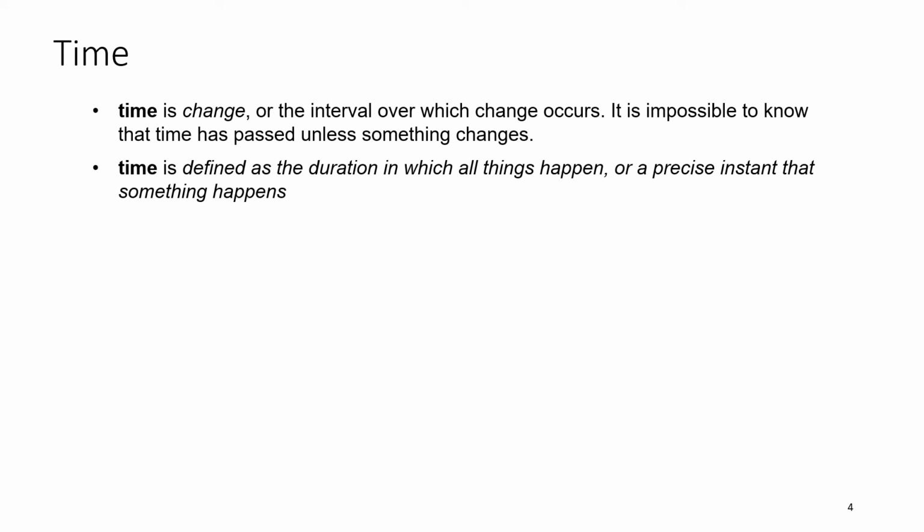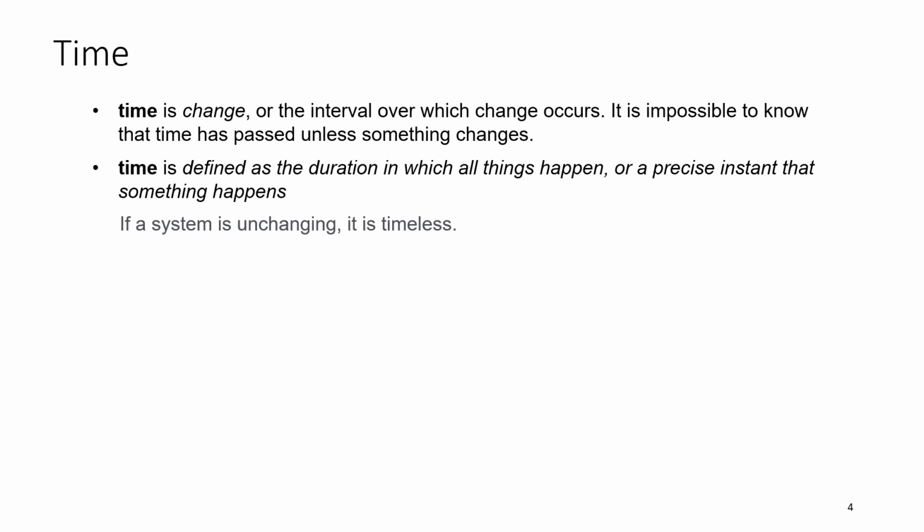Time is defined as the duration in which all things happen, or a precise instant that something happens. Here, something happens is also considered as a type of change. In other words, it is important to understand that if a system is unchanging, it is timeless.